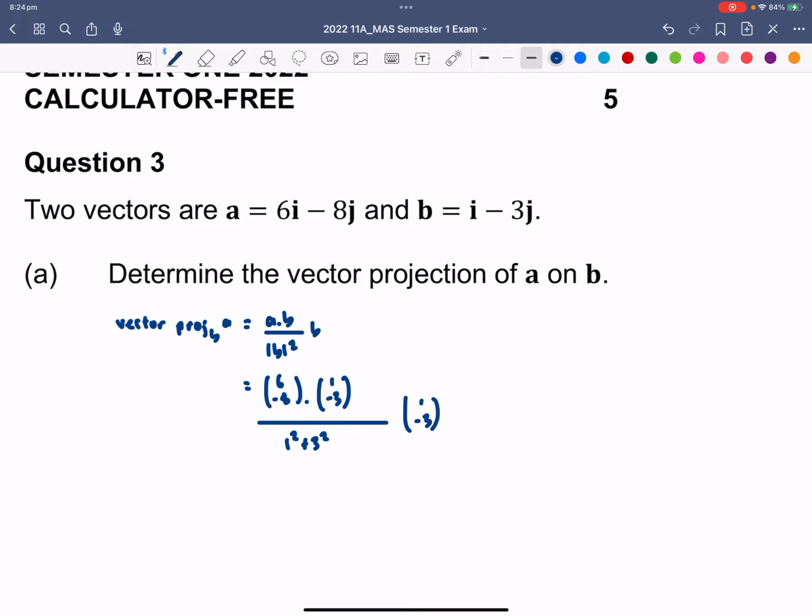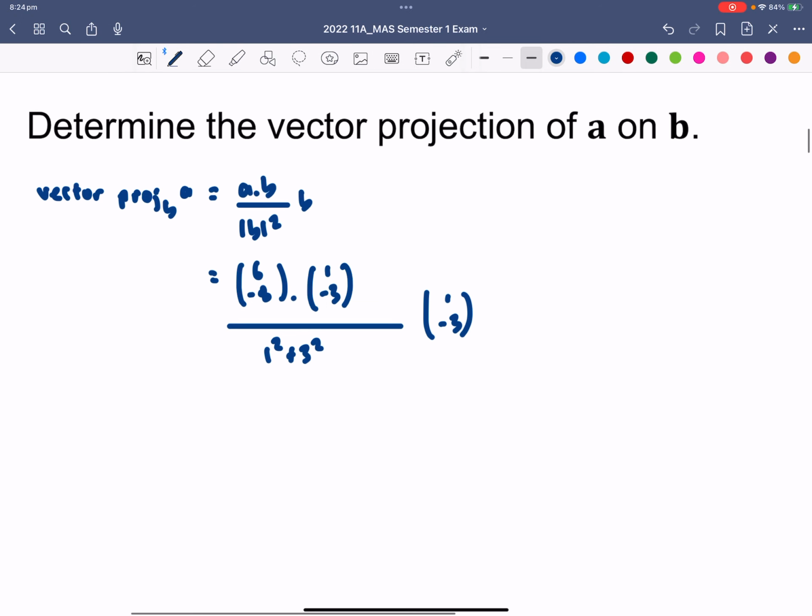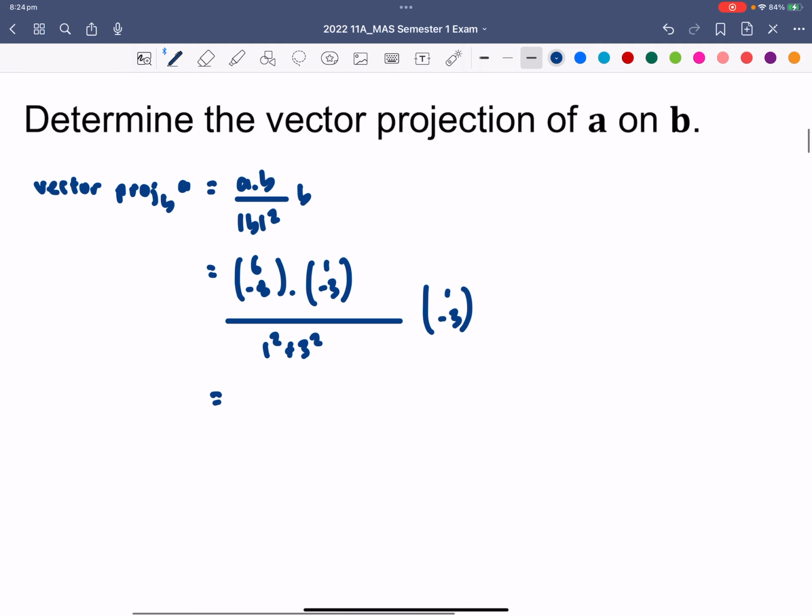Now you just have to do the dot product correctly and not mess up the dot product. So that would be 6 plus 24. 1 squared is 1, 3 squared is 9, so 10 times 1 negative 3. 6 plus 24 is 30. 30 divided by 10 is quite simply 3.